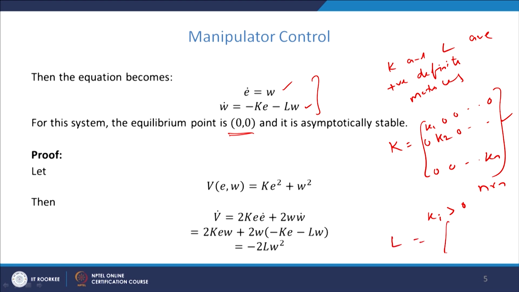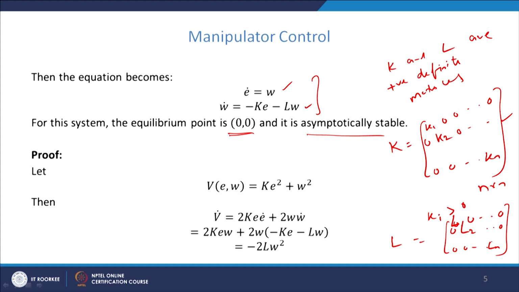Similarly, L is a diagonal matrix with all positive diagonal entries. So, by selecting like this, we can easily see that 0 0 is the equilibrium point for this system, and we can also show that it becomes asymptotically stable by selecting this K and L suitably.